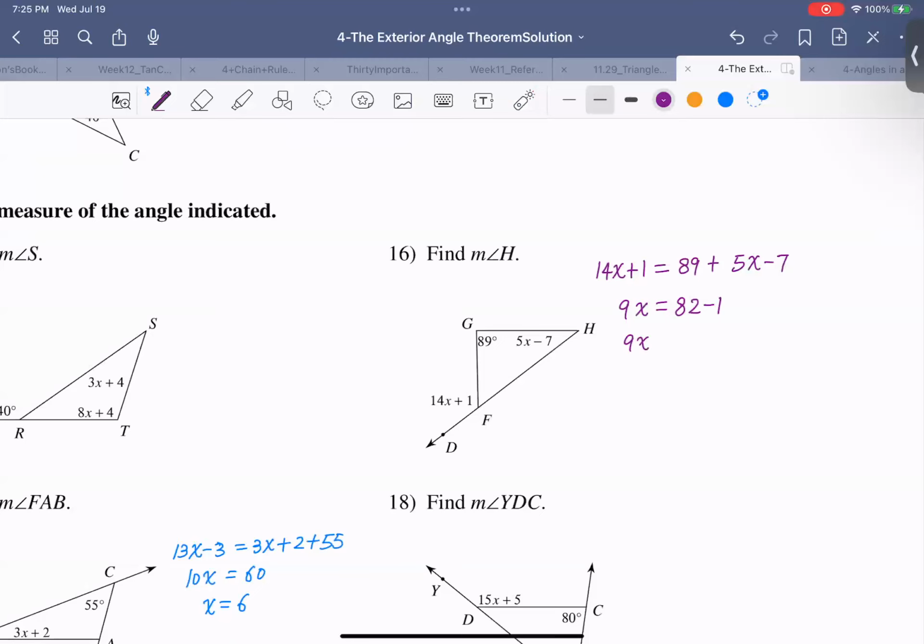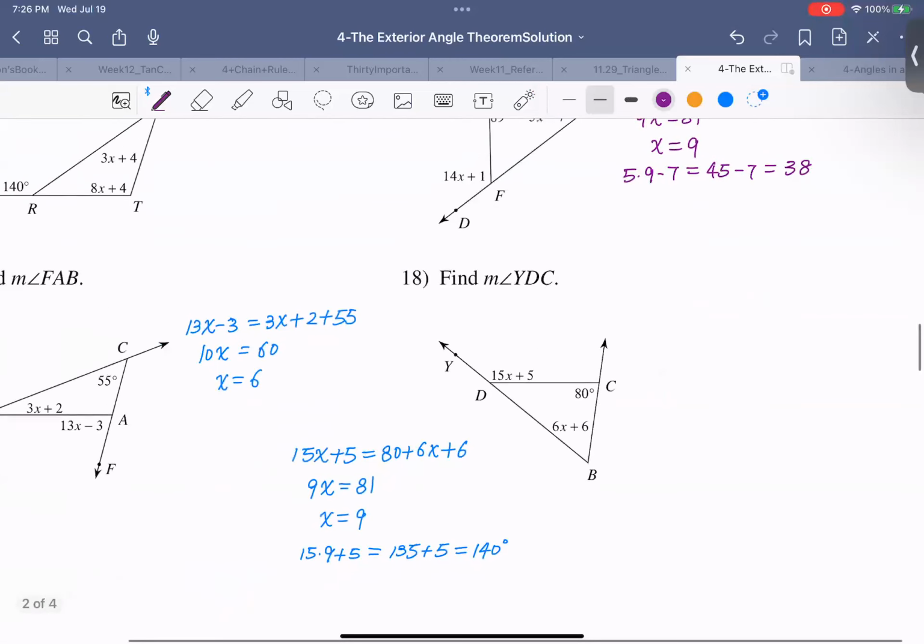So 9x is 81. And then X is equal to 9, and then we will plug in to what? 5 times 9 is 45 minus 7 is equal to 38. Good job. That's it. Yeah, very good.